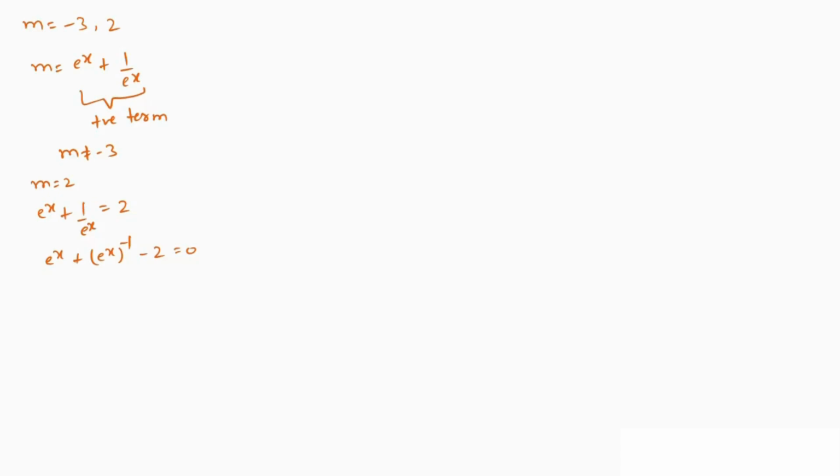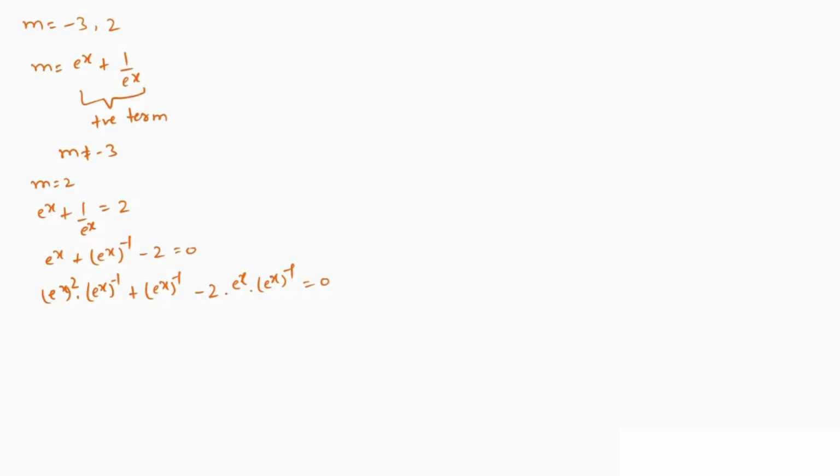So we can write the above equation as e raised to the power x times (e raised to the power x minus 1) minus 2 times (e raised to the power x minus 1) equals 0.